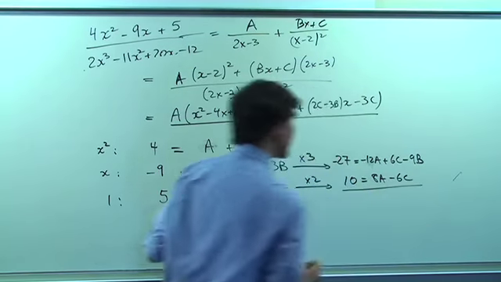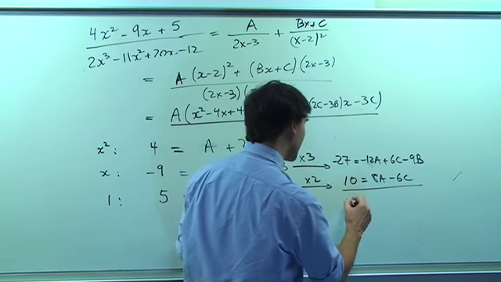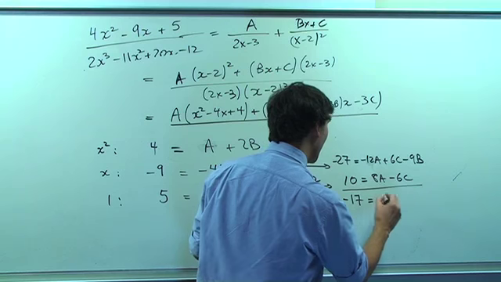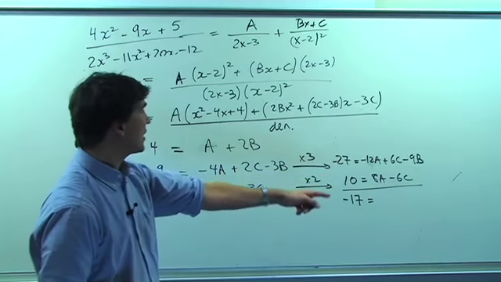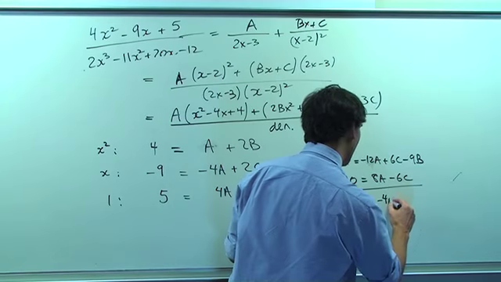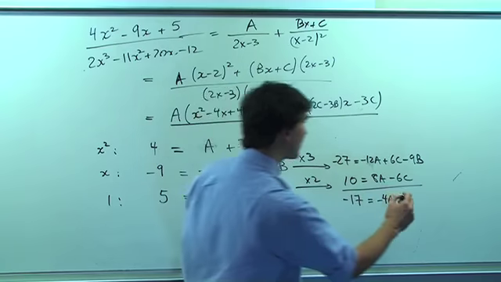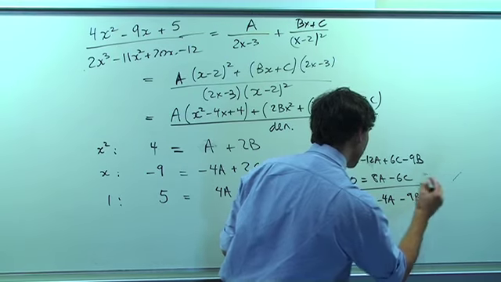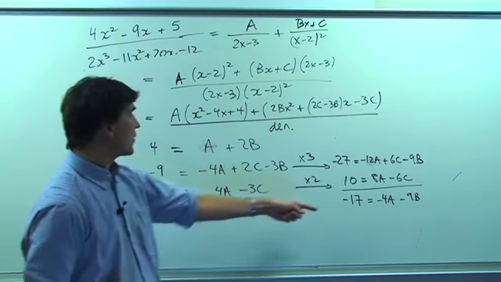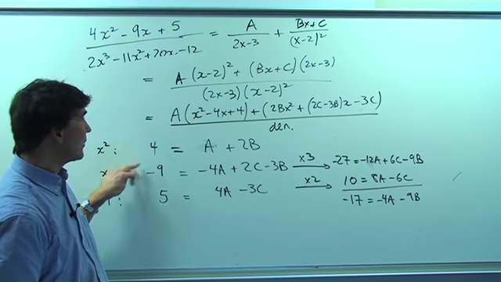Now we're in a position to add them: minus 27 and plus 10 is minus 17, and this is minus 12a plus 8a is minus 4a, and the 6c's and the minus 6c's cancel, minus 9b.